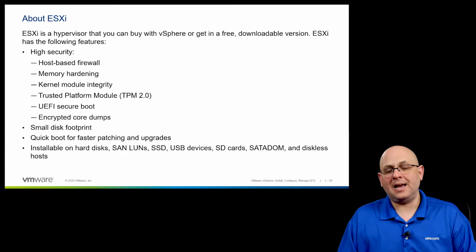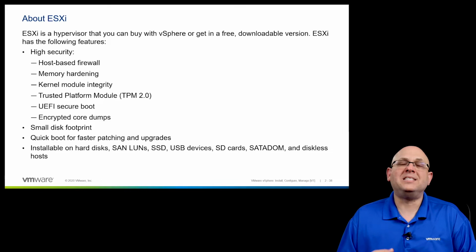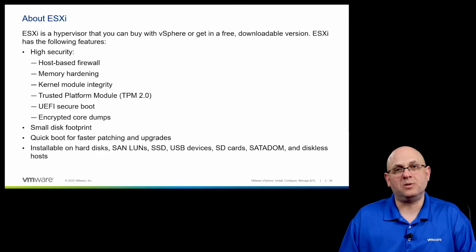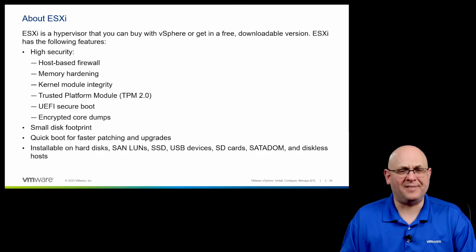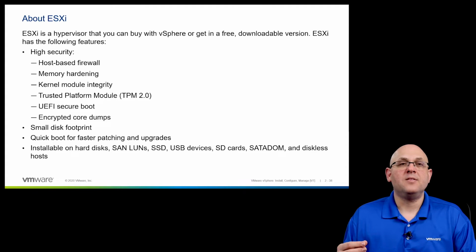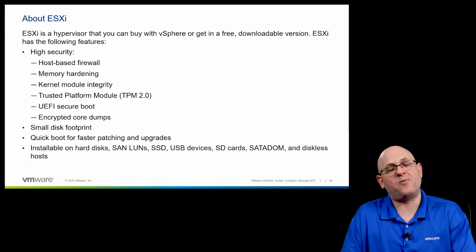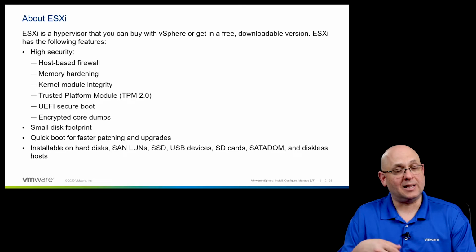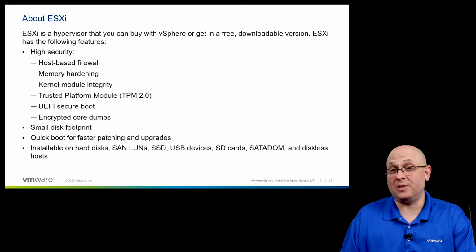We also maintain the integrity of all of our kernel modules by digitally signing those kernel modules. We bundle the kernel modules in something that we call VIBs, or vSphere Infrastructure Bundles. And those bundles contain the components of ESXi, and before they're extracted and loaded into memory, we check that digital signature to make sure that it's good.